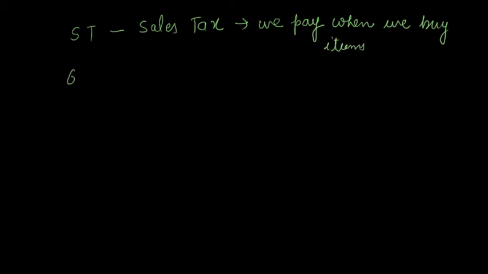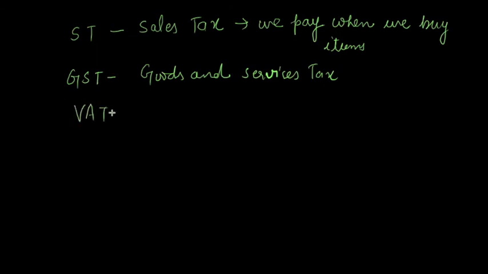Then there is another tax which is GST. What is that? Goods and services tax. Then there is another which is VAT. What is VAT? Value added tax. So we add all these taxes to the bill. Suppose I am buying an item of 500 rupees again.